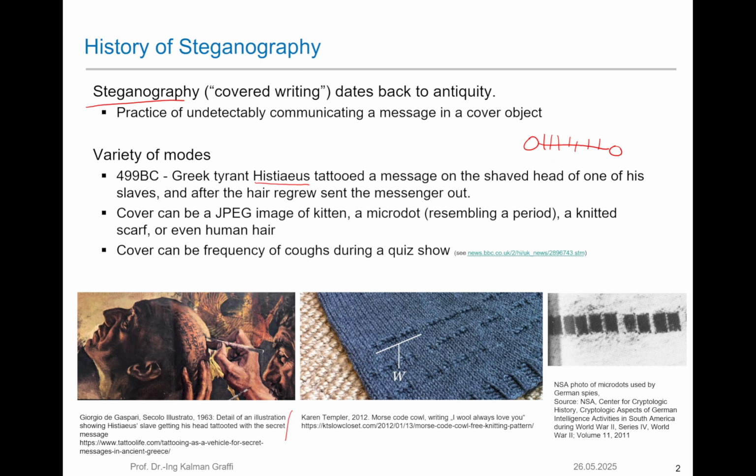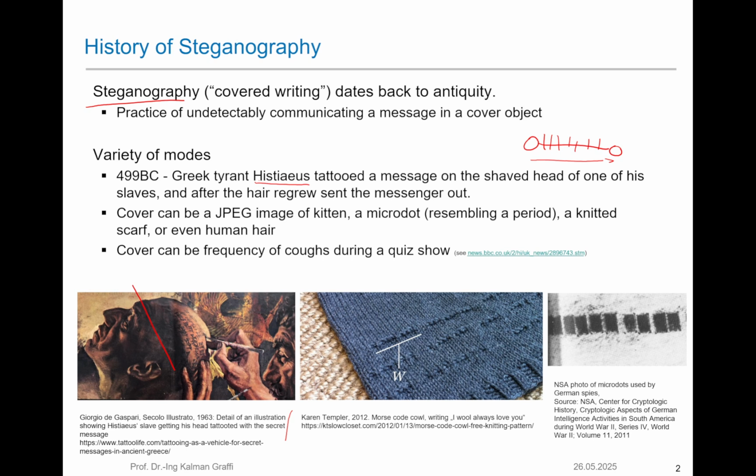The hair grew back and covered the text, so the slave was free to go and show that he didn't have anything on him. The slave also was not allowed to see his own head and had to carry a scarf during the regrowth of the hair. Once the slave arrived in the other city, the head was shaven again and the message could be read.